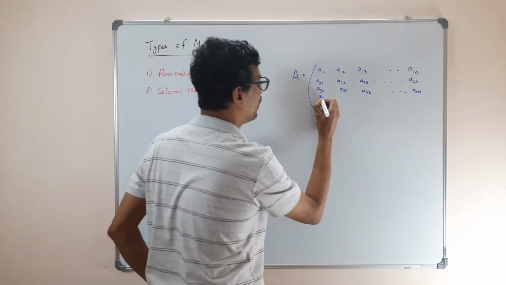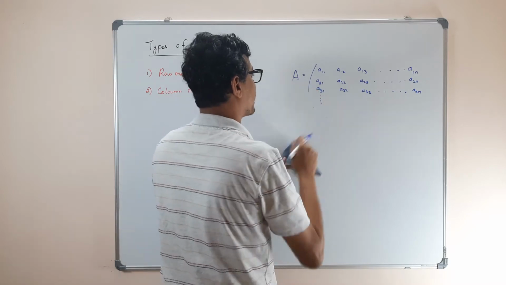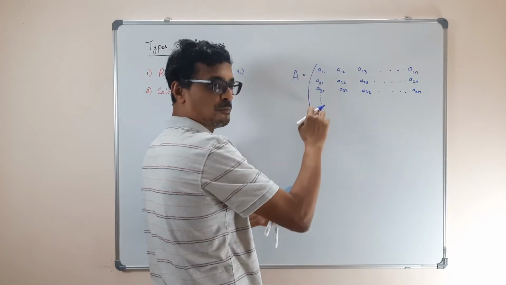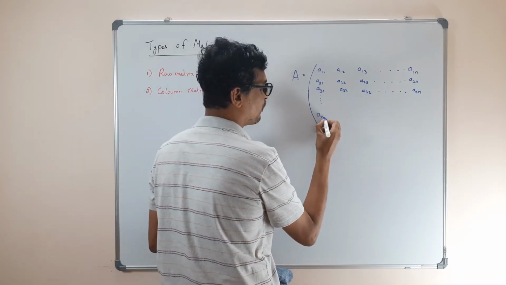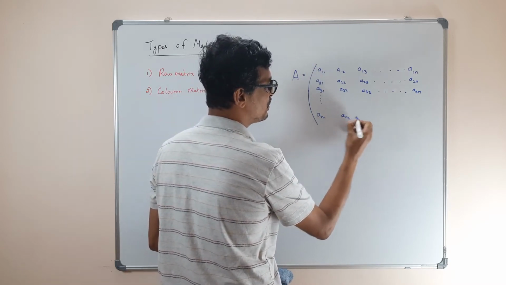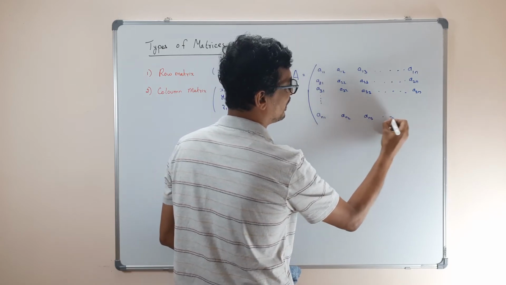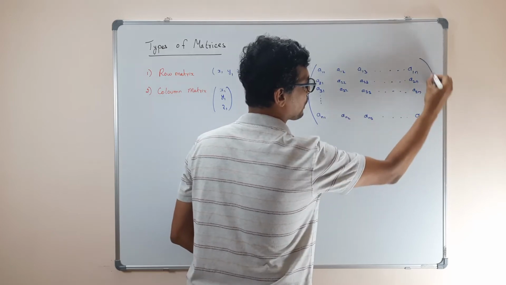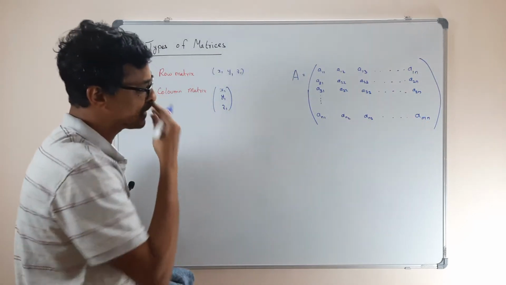So you keep on doing that. Let me make this bracket longer. Suppose there are M rows, then it becomes AM1, AM2, AM3, and it goes on, the last one will be AMN. Yes, I should have told you this definition.